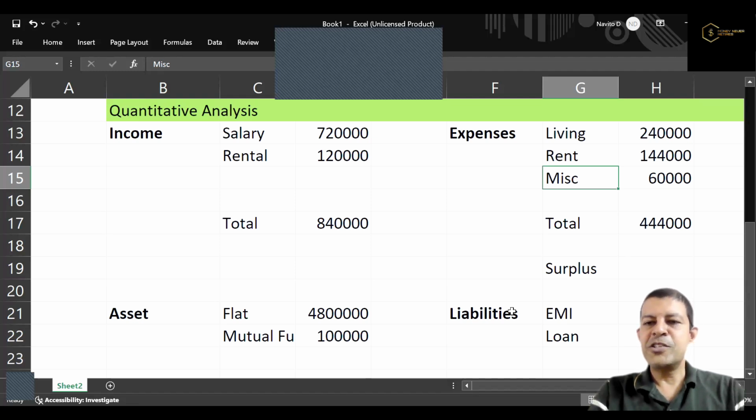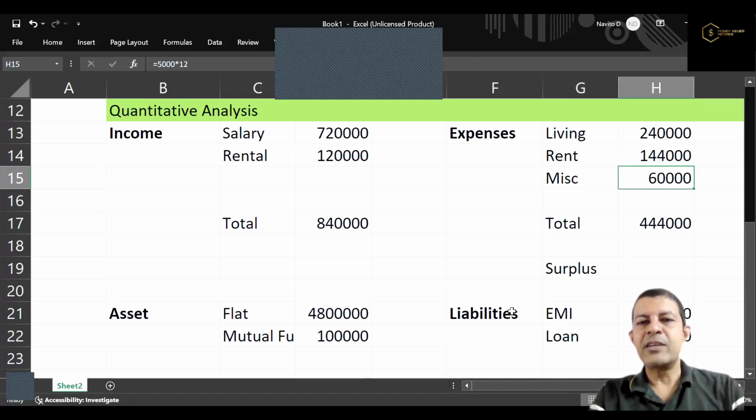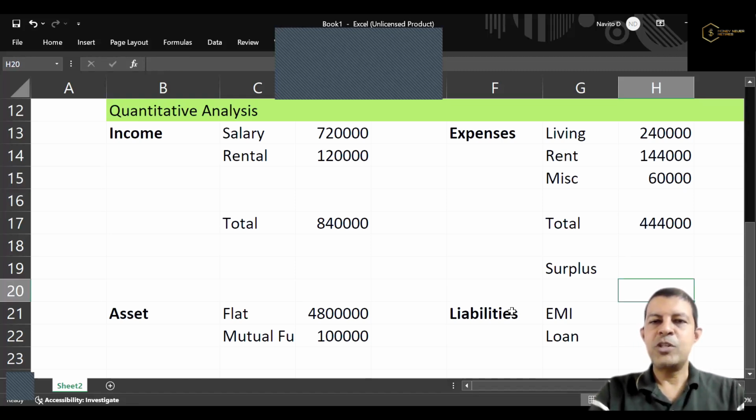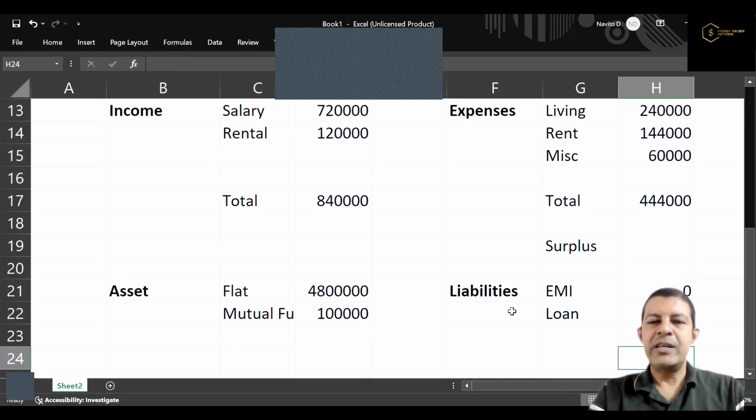Miscellaneous could be considered as part of EMI if he has any liabilities, but for this specific case, we have assumed nil EMI. If you want me to consider EMI as an example for financial planning, please drop a note and I will be glad to consider EMI as one of the factors for financial planning.